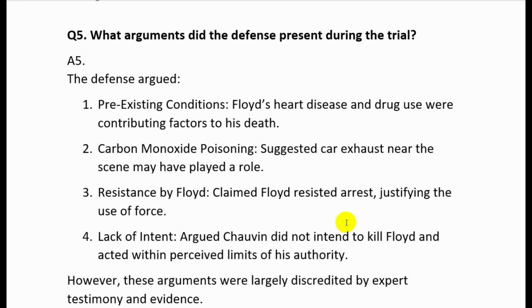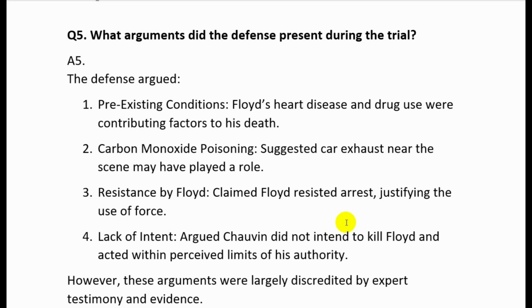Carbon monoxide poisoning. The defense suggested that the car exhaust, which was nearby the scene, could have also played a role in carbon monoxide poisoning. They said that the car's exhaust may have killed him. There was resistance by Floyd. He also claimed that Floyd resisted arrest, justifying the use of force. But when one sees the video of this incident, one can see that George Floyd's hands were tied behind his back, and there was no way he could have resisted other than for breathing.